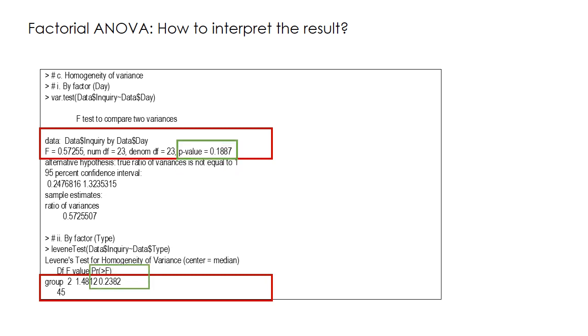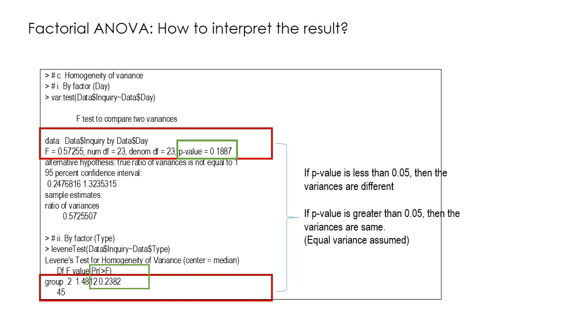We have to look for the p-value. This p-value indicates whether it is greater than 0.05 or less than 0.05.